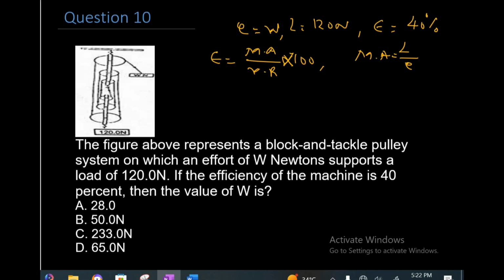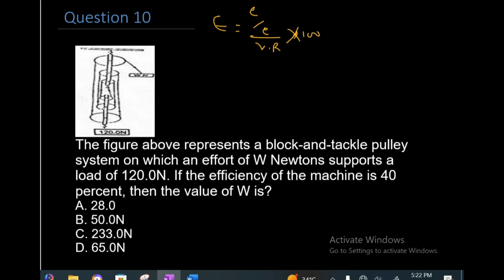So putting these two formulas together, efficiency is equal to load over effort over velocity ratio multiplied by 100%. This is the formula we're going to be using.